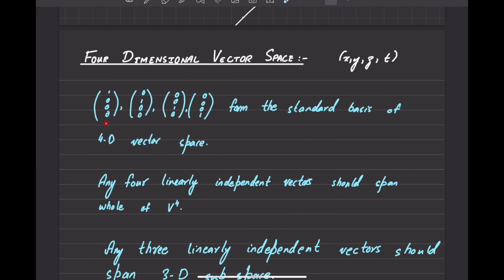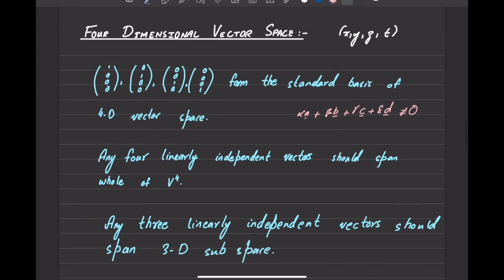So this forms the standard bases. Or you have any four linearly independent vectors such that alpha A plus beta B plus gamma C plus delta D is not equal to 0. So that means these four vectors in a four-dimensional vector space should form the bases.